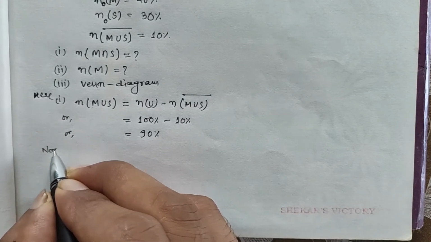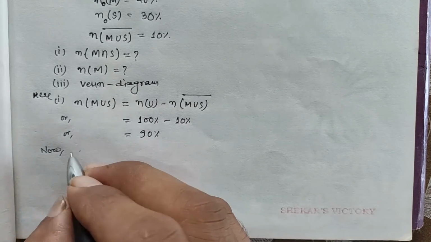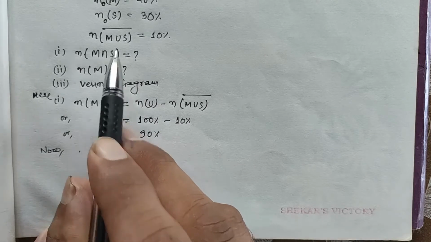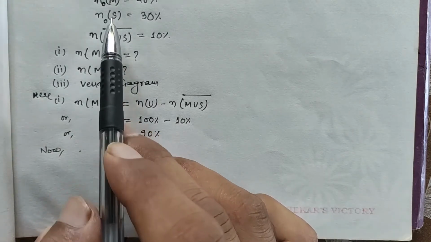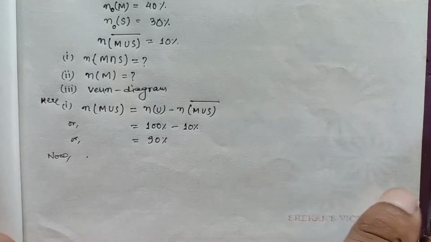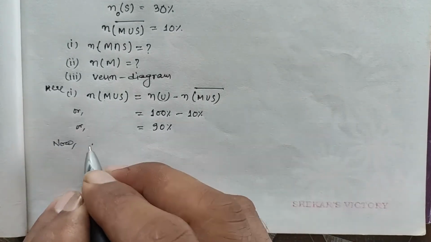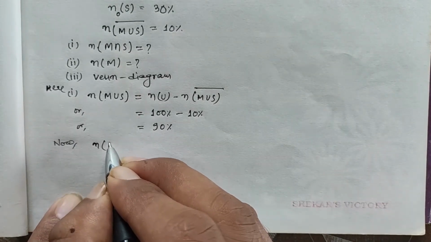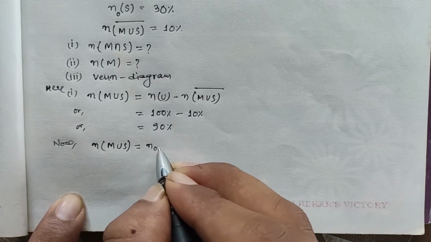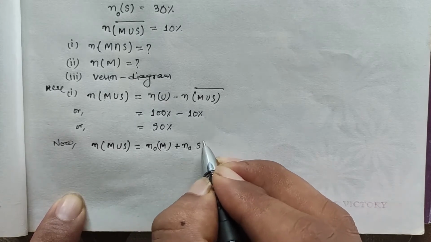Now we are going to find the intersection, but here only M and only S are given. So we will use the formula of only to find the intersection. Again, the formula for A union B is n(only A) plus n(only B) plus n(A intersection B).